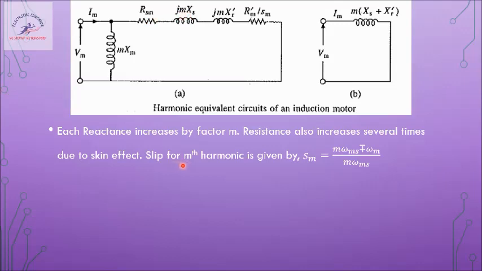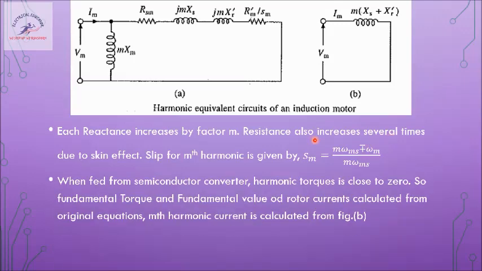Now for any mth order harmonic, the slip is given by the same equation: synchronous minus rotor speed divided by synchronous, but here for the mth harmonic, the synchronous speed itself is m times the fundamental. Now this minus or plus, why not plus or minus? The natural equation is omega ms minus omega m, and that we have retained here.